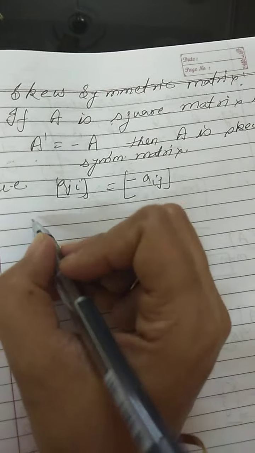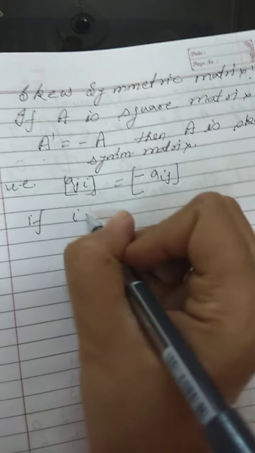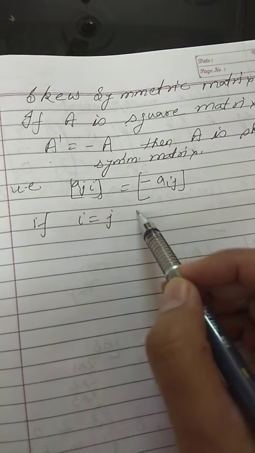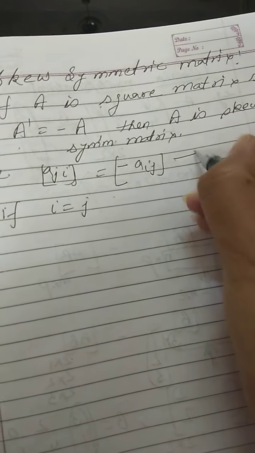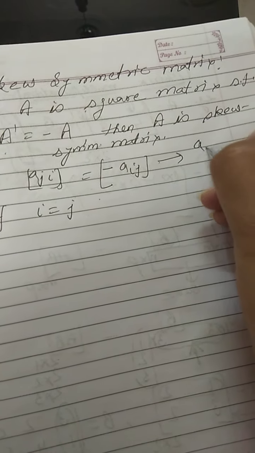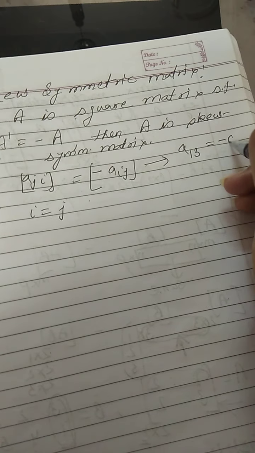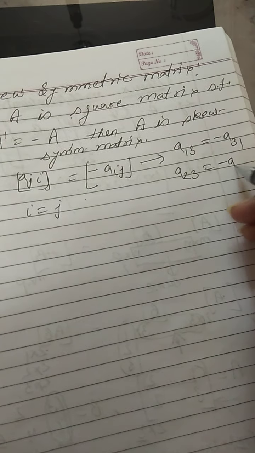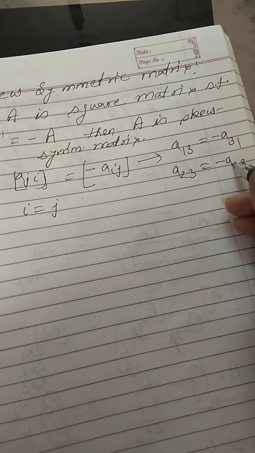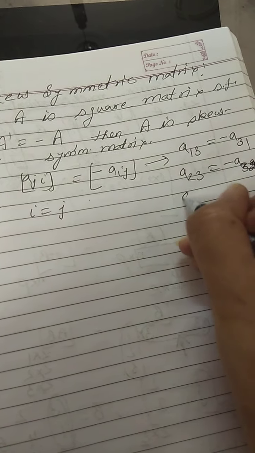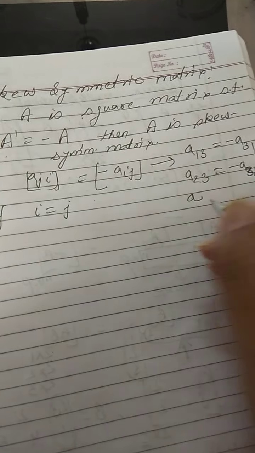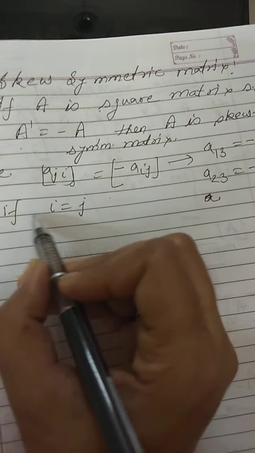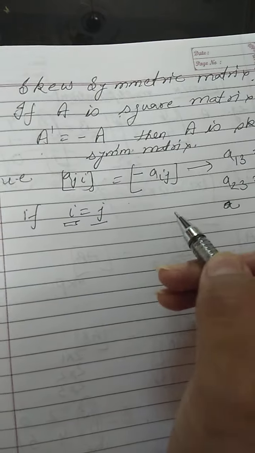Before that, one more thing I want to tell you. It means the 1 3 element will be equal to negative of the 3 1 element, and the 2 3 element will be the negative of the 3 2 element. If I take i equals j in this condition, then what will happen?